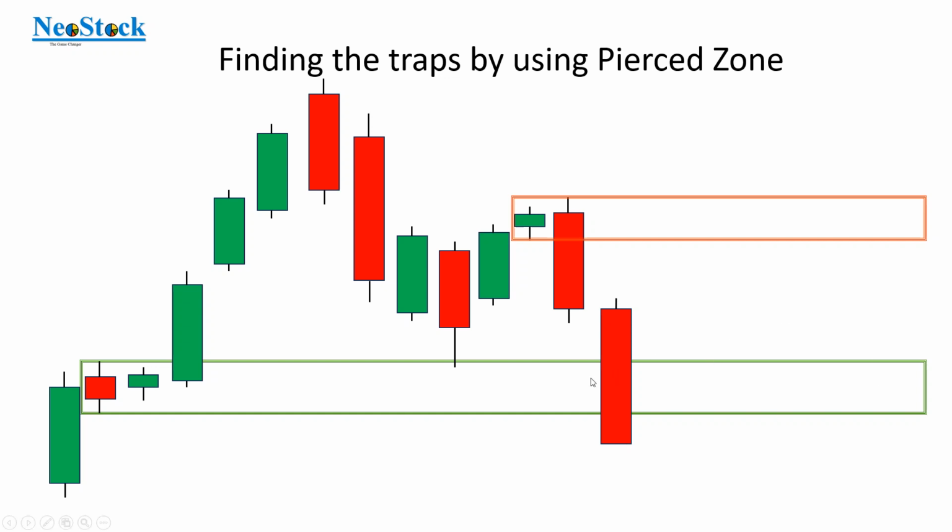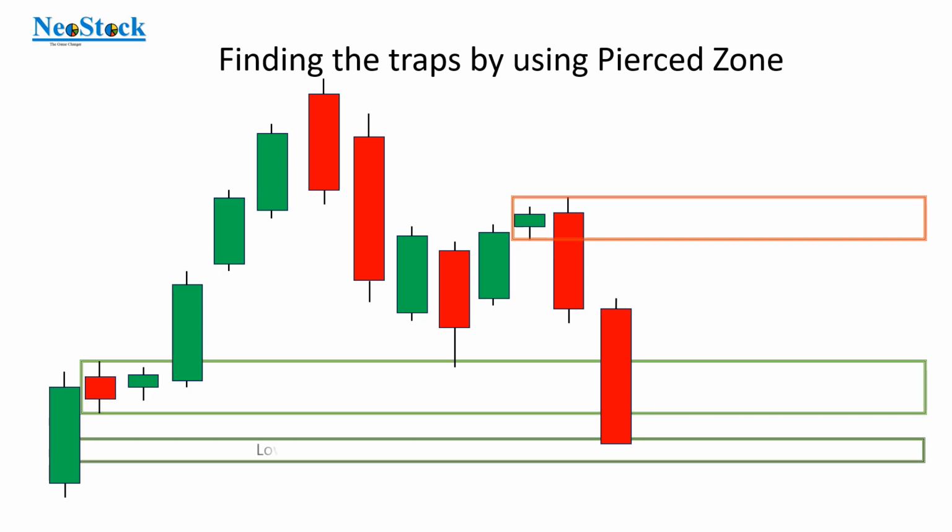Our feeling is that this zone is completely violated, but not, because only after the candle close can you tell whether it is completely violated, or pierced, or something else. And let us assume at this place there is a lower time frame zone acting as a trap. This one is the higher time frame zone, and this is the lower time frame.